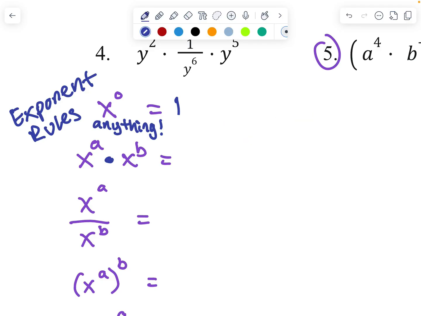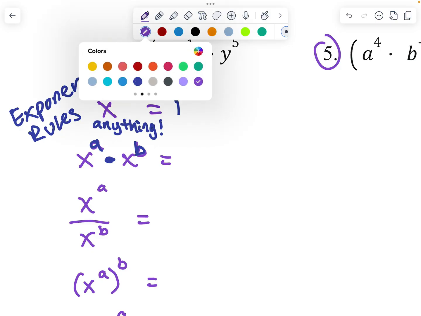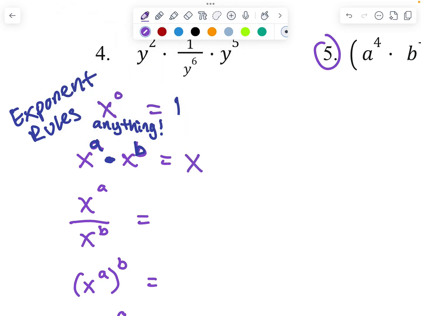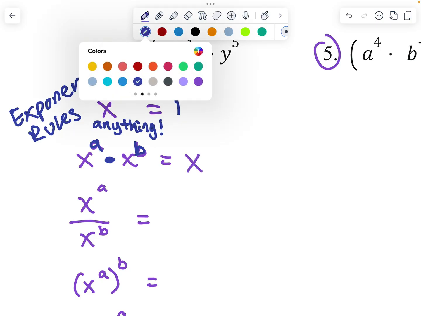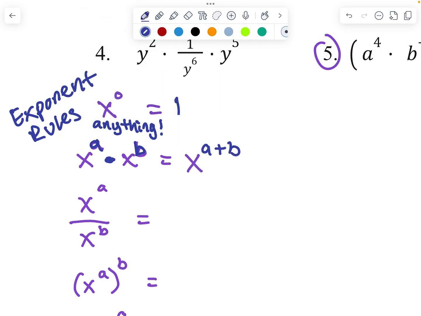Now, when we have multiplication, x to the a times x to the b, it doesn't matter what a and b are, but as long as they are the same base, okay, this is going to become x to the a plus b. We are allowed to add the exponents. So when we have multiplication, we add, okay?